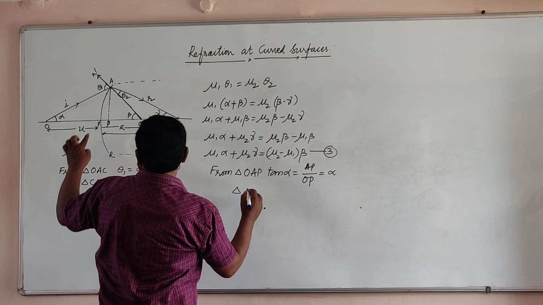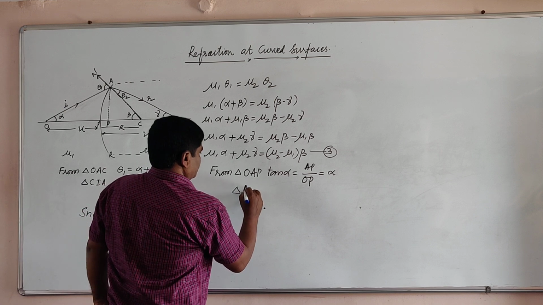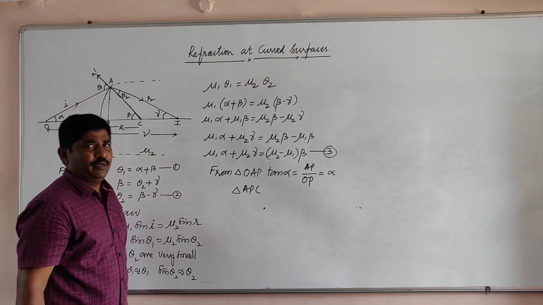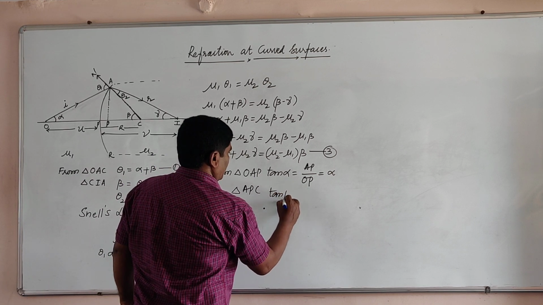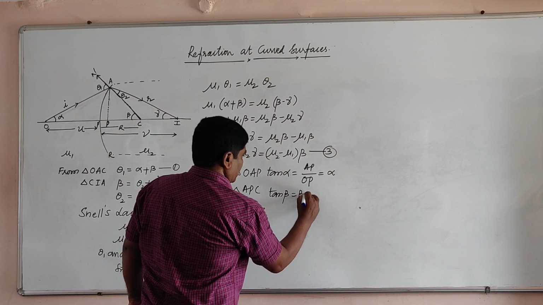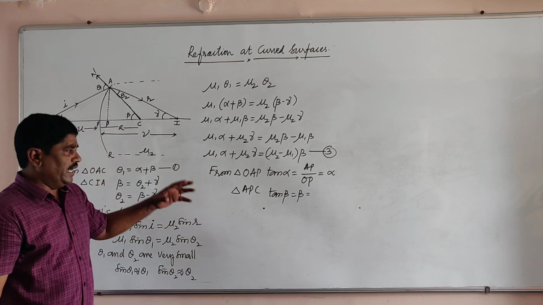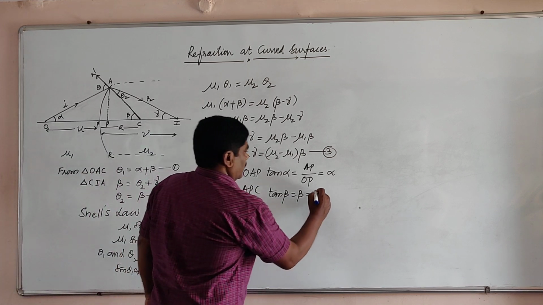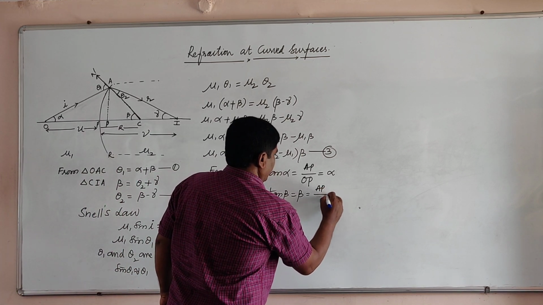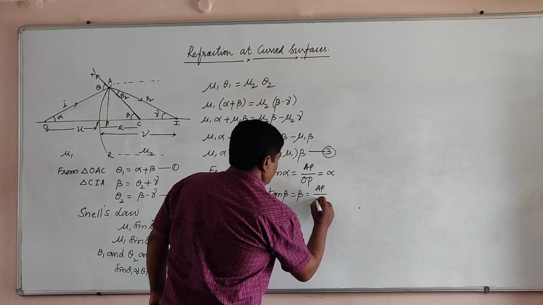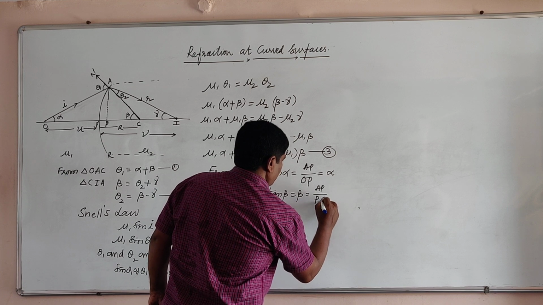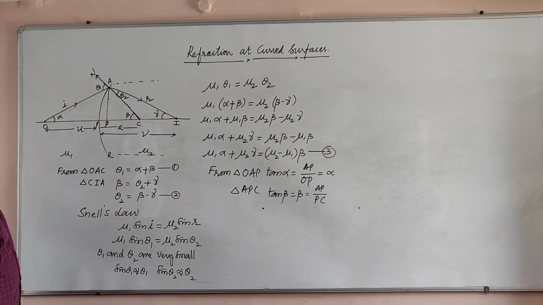Next, triangle APC. Now from this one, what can we write? Tan beta is nothing but beta, because the angles are very small. Now opposite side AP by adjacent, which is PC.